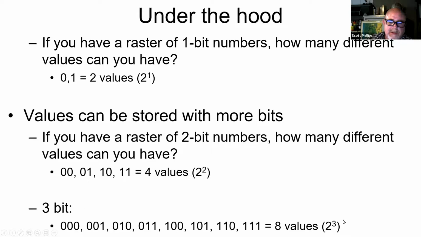If you have 3 bits, it's 2 to the power 3: 0 0 0, 0 0 1, and so on, and so you have 8 values. Every time you add a bit, you're doubling the number of values.